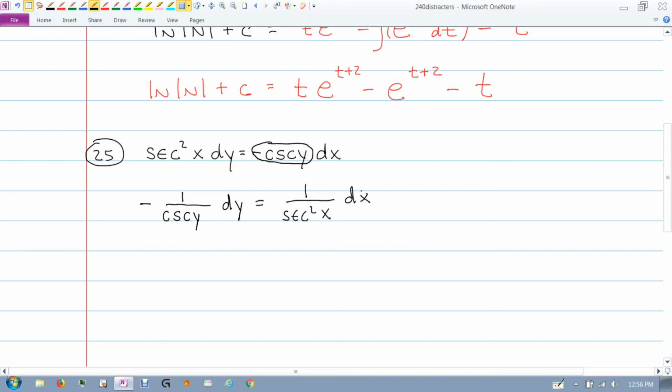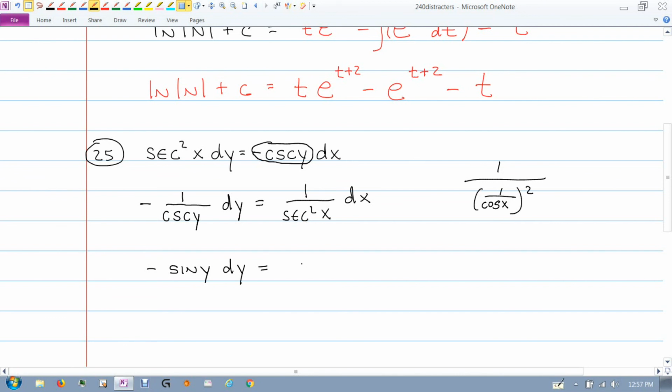And remember, cosecant is the reciprocal of sine. So 1 over cosecant is just sine. So this is just minus sine y dy equals, and then over here, secant is the reciprocal of cosine. So this is really just 1 over cosine x, that quantity squared.